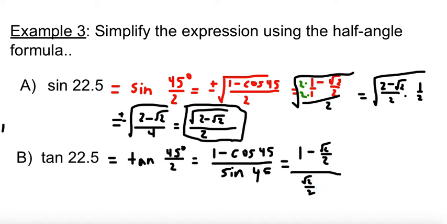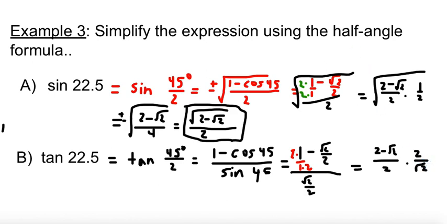So up there in the numerator, go ahead and get a nice common denominator. So multiply by 2, multiply by 2. So we end up here in the numerator with 2 minus the square root of 2 over 2 times the reciprocal. The reciprocal of the square root of 2 over 2 is 2 over the square root of 2.